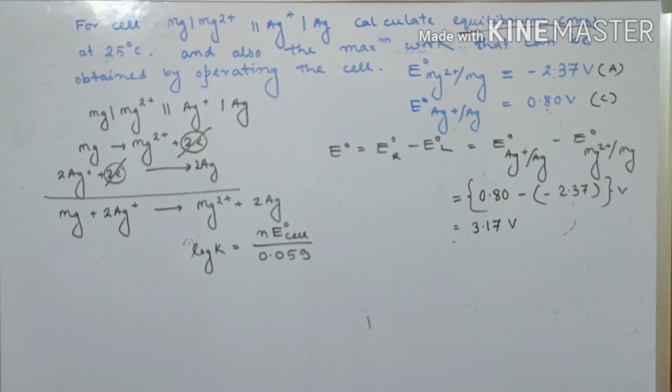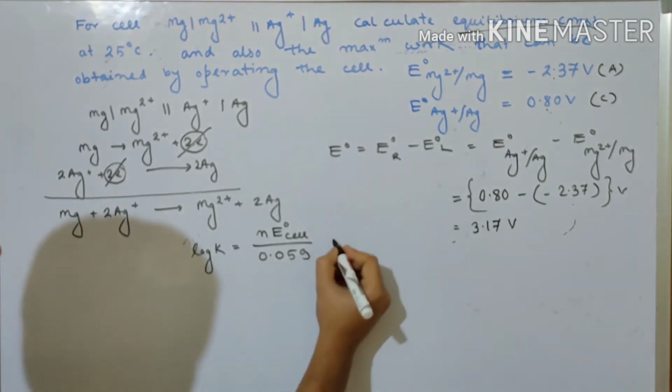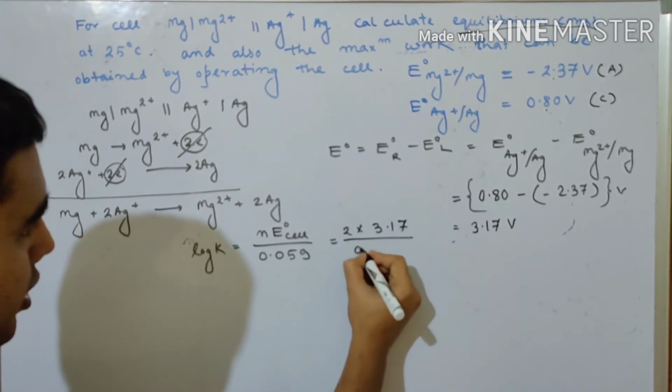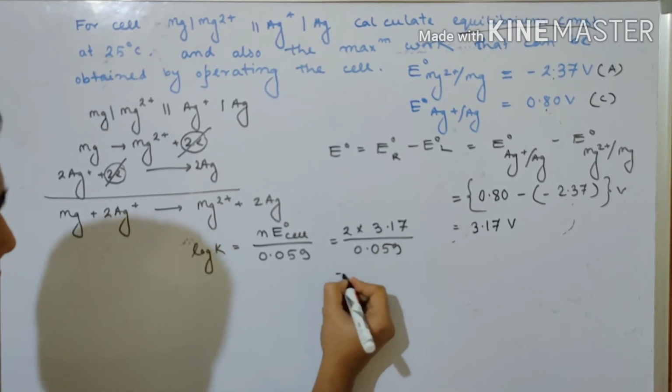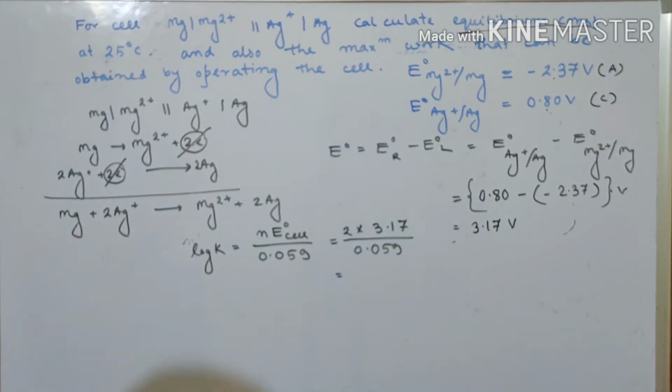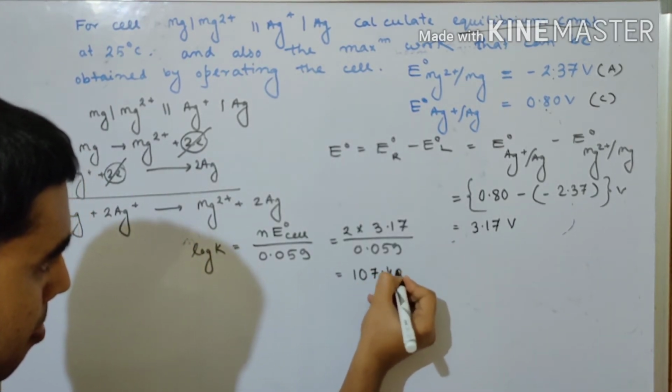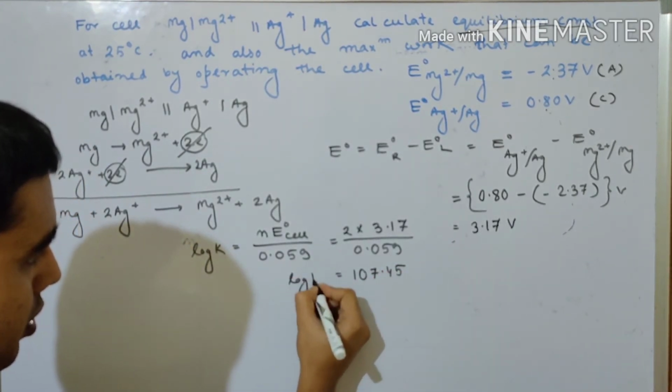The values are already known. N is 2. This is 2 into 3.17 divided by 0.059. So we are getting 107.45. We are getting log K.